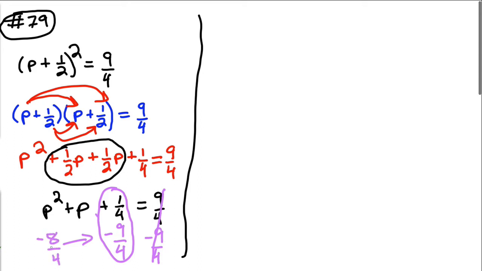But 8 divided by 4 is 2, so that is actually equal to negative 2. So in the next step, I'm going to write it down over here. I'm going to have p squared plus p minus 2, and that now is equal to 0.